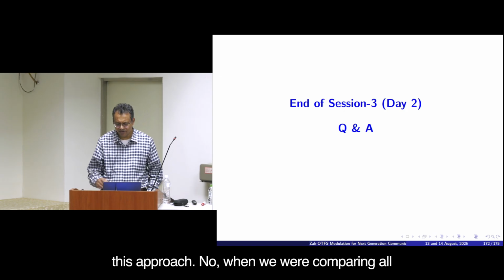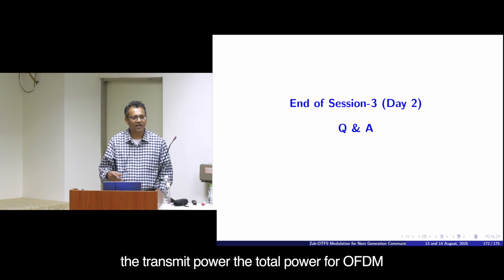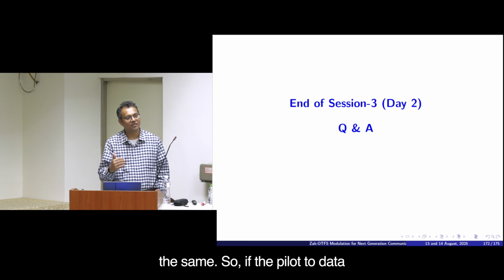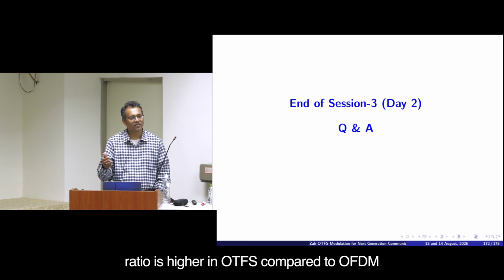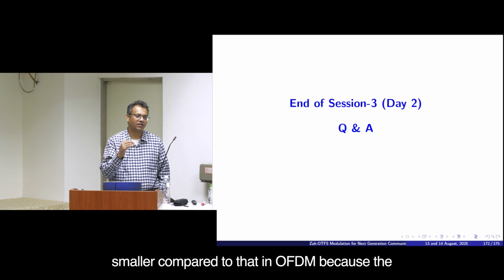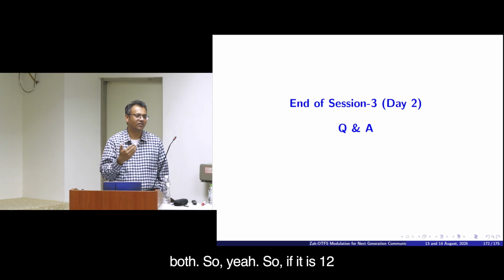No, when we were comparing, the total transmit power for OFDM and ZAC OTFS is always kept the same. So, if the pilot to data ratio is higher in OTFS compared to OFDM, then the data power will be smaller compared to that in OFDM, because the total power has to be the same in both.